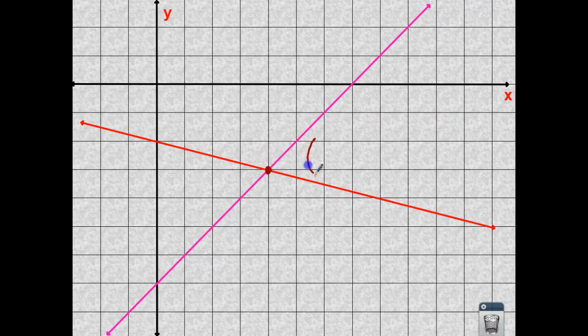And that solution is the ordered pair 4, -3. Now what they're saying is that that ordered pair of 4, -3 is the solution to the system of equations. Now it looks like I lost my labeling. I'll label the lines at the end here. Let's go check out 4, -3 first.